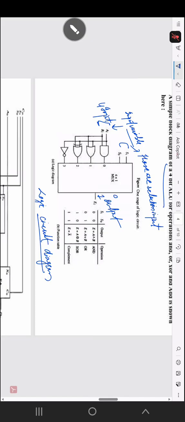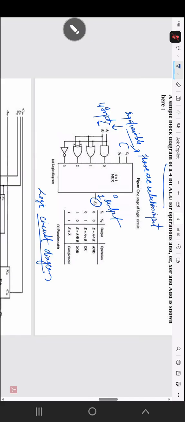Is it clear? Input and output here: two data inputs, AI and BI, and select lines S1 and S0. Two data inputs and two select lines, and one output EI.